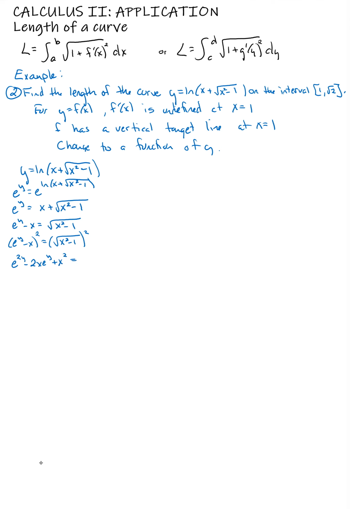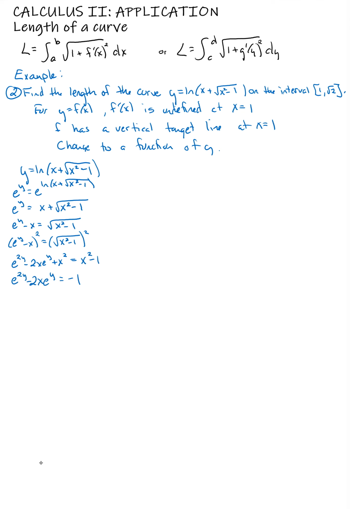If you don't believe that, just take a second and write e to the y minus x out twice, and multiply. You should end up with that bit there. And then on the right-hand side, that's easy enough. We just get x squared minus 1. Okay, I see I've got an x squared on each side, so we can just subtract that out. Makes things a little bit easier.